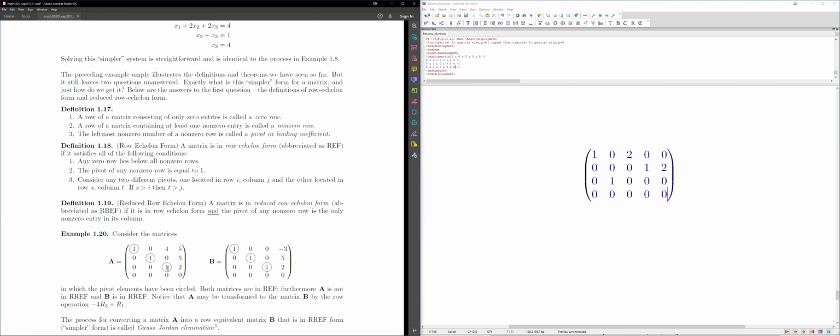So the pivot needs to be in a column to the right. On the other hand, this one over here violates it. If you compare these two, you're okay, but if you compare these two, it violates this third condition, and you can check it.